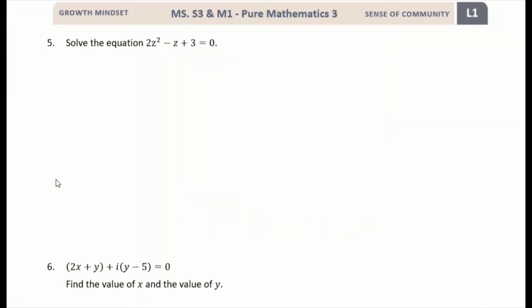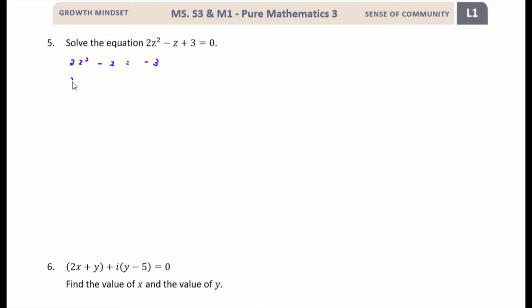Okay, number 5 is similar to number 4, but we'll try to do this by using the other method, which is completing the square. It's going to be exactly the same thing as how we normally do completing the square in solving a quadratic equation. So minus z will equal to negative 3.